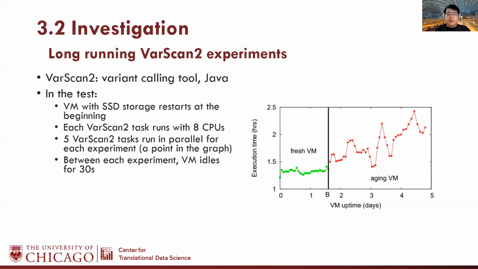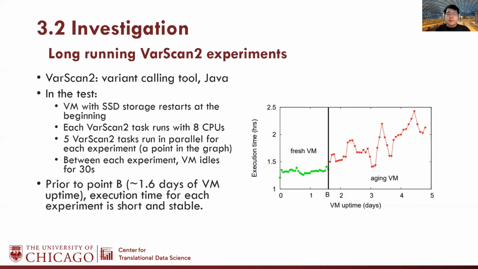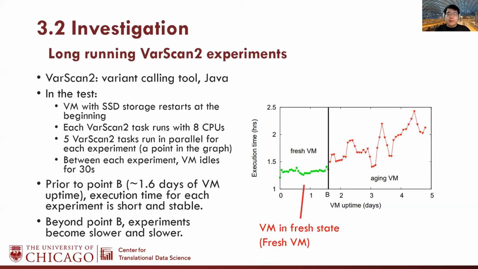In each experiment, there are 5 tasks in parallel, and the VM idles for 30 seconds in between the experiments. We can see that prior to point B, the execution time for each experiment is short and stable. However, beyond point B, the experiments are getting slower and slower. We refer to the VM prior to B as a fresh VM, and the VM beyond point B as an aging VM.